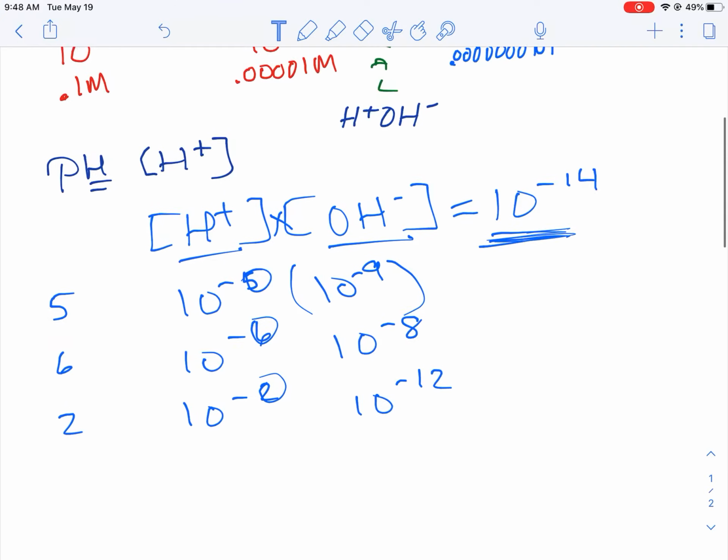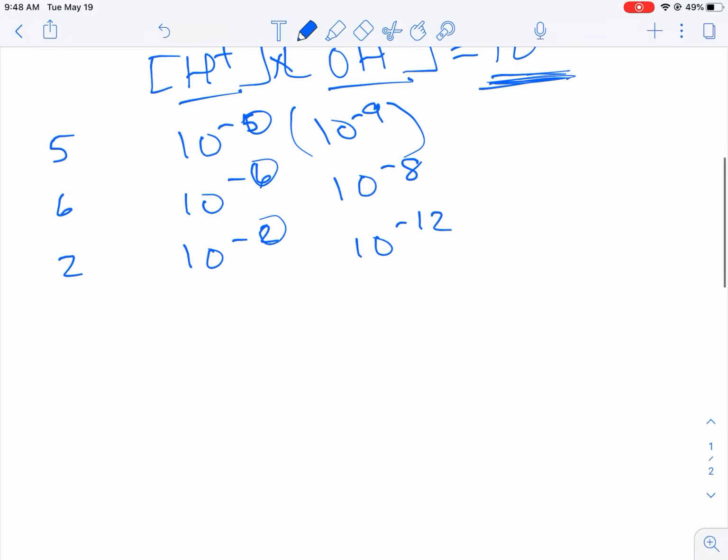So what do I do if they give me something, for instance, say they say your pH is 12, all right? And they ask me, well, what's your H concentration? Well, that's easy to figure out because the H concentration is just turning that pH digit into an exponent, 10 to the minus 12.